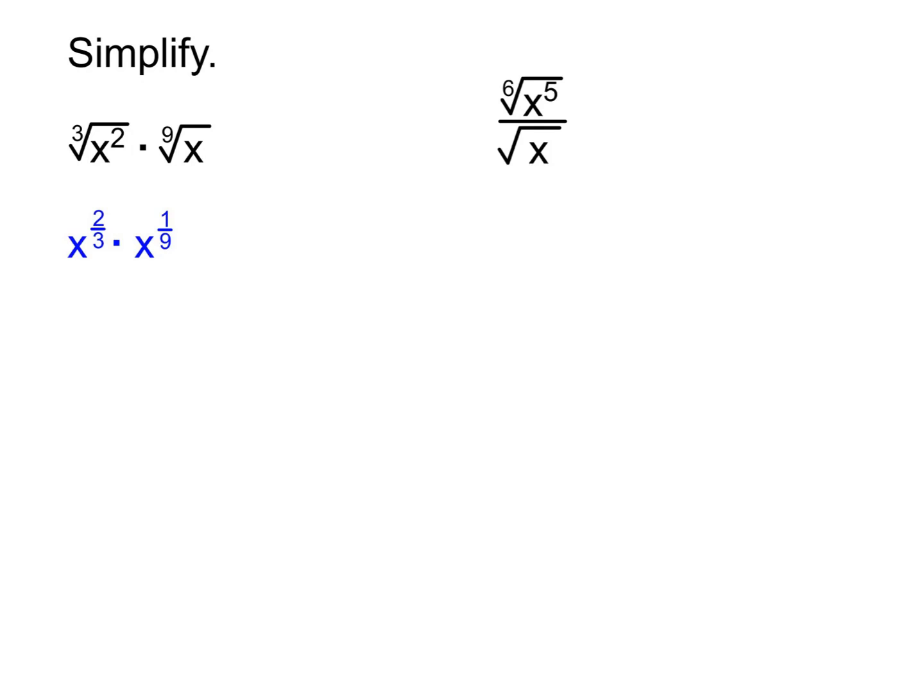So I turn my radicals into fraction exponents. So now I'm multiplying the x's. When I multiply the x's, what do I do with the exponents? We add them. So that means that in order to multiply these, I'm going to have to do 2/3 plus 1/9.